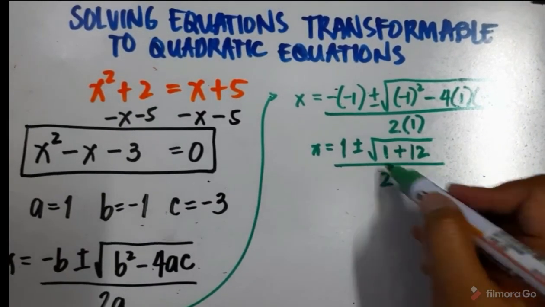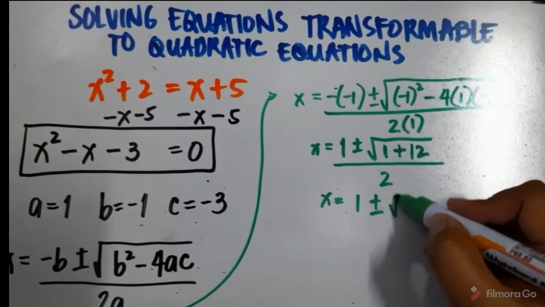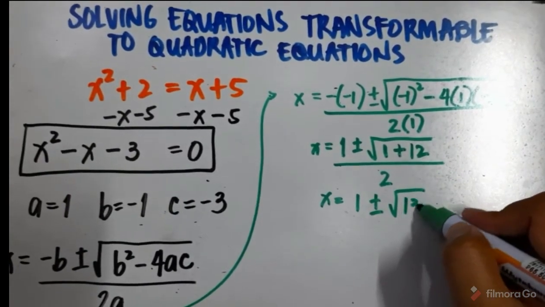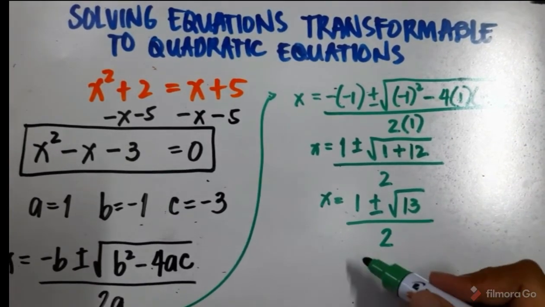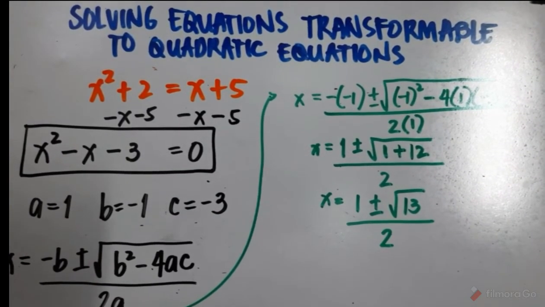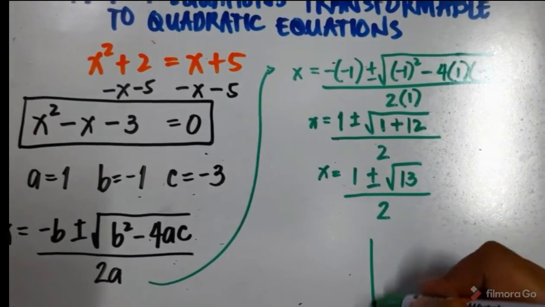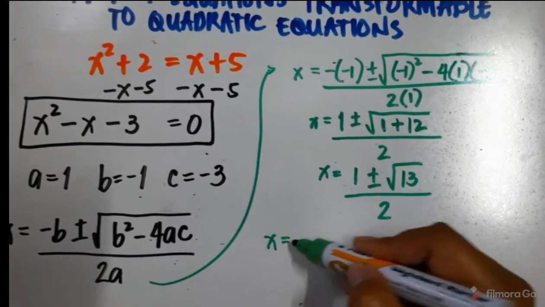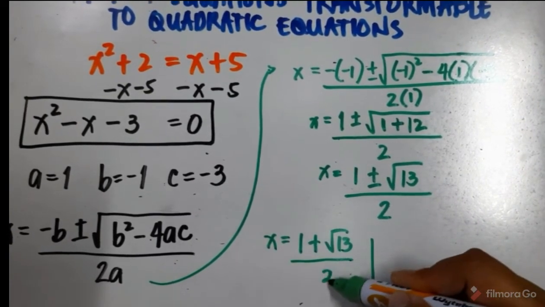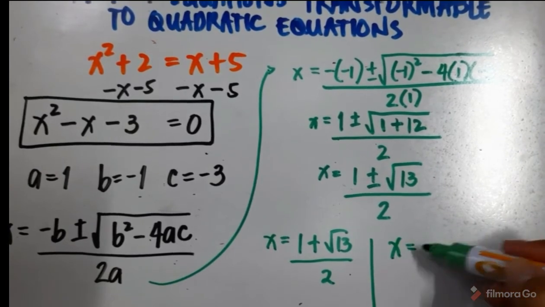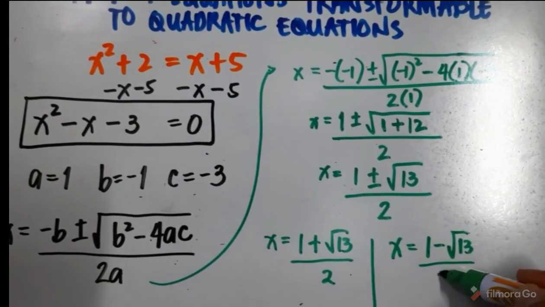So we now have to simplify that. x is equal to 1 plus and minus the square root of 1 plus 12, which is 13, over 2. So let's rewrite this into two solutions. We have x is equal to 1 plus the square root of 13 over 2, and the other solution is 1 minus the square root of 13 over 2.